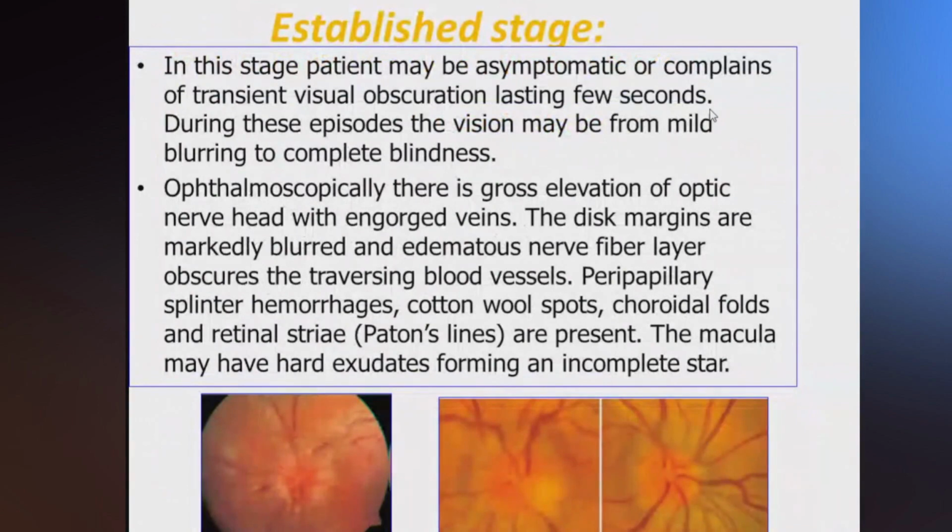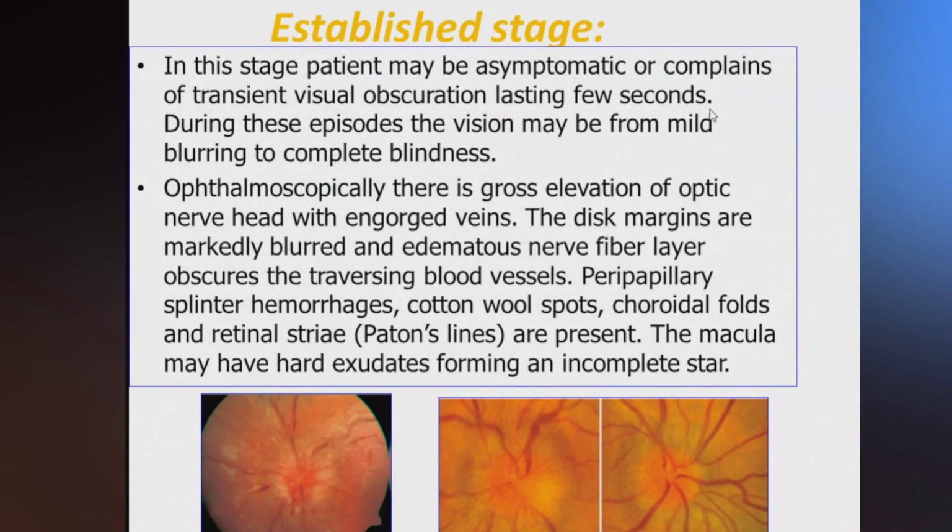Next stage, second stage, is the established stage. In this stage, the patient may be also asymptomatic or complain of transient visual obscuration lasting a few seconds.